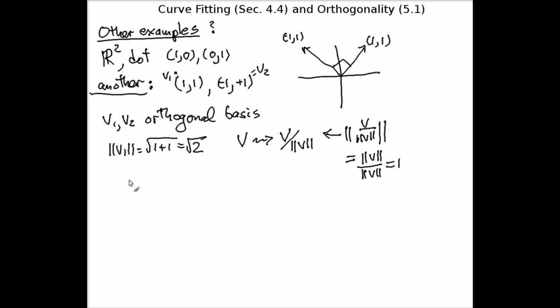So all you have to do is take w1 to be v1 over the square root of 2, and w2 to be v2 over its length. And these are still orthogonal because all I've done is scale them. And they're also length 1, so w1, w2 is an orthonormal basis.